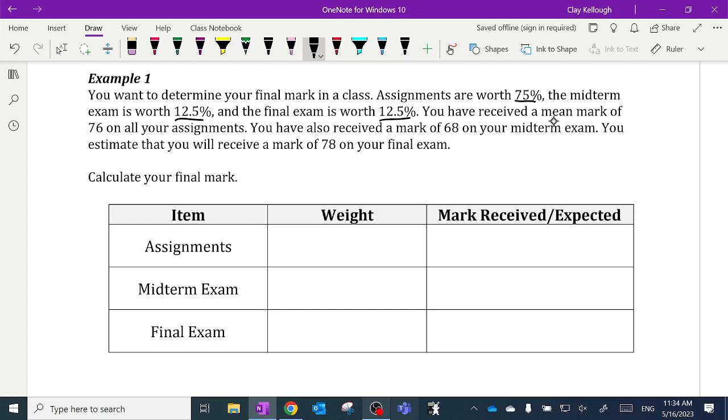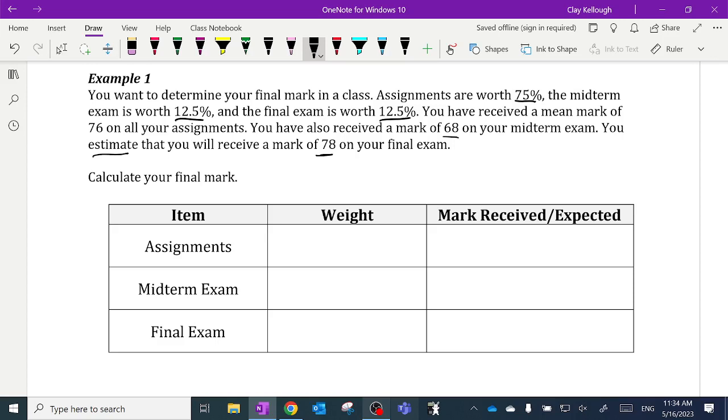You have received a mean mark of 76 on all your assignments. You have also received a 68 on your midterm, and you estimate, I'll probably get about a 78 on my final. What do you expect your final mark's going to be?